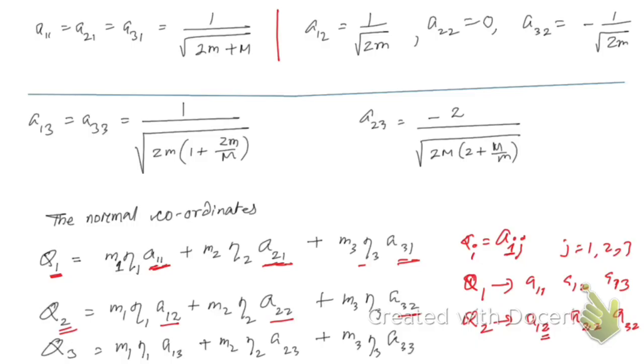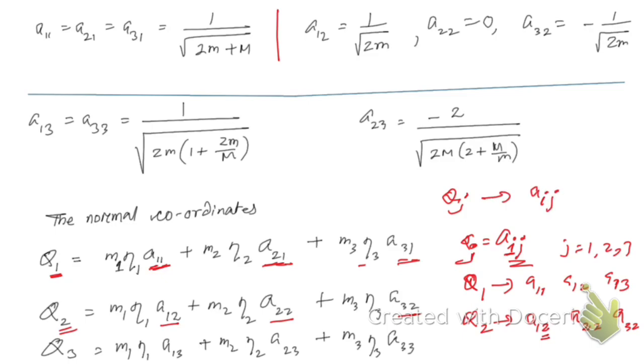That means the value of j is now 2. So qj actually, that means for qj, the coefficient should be aij.